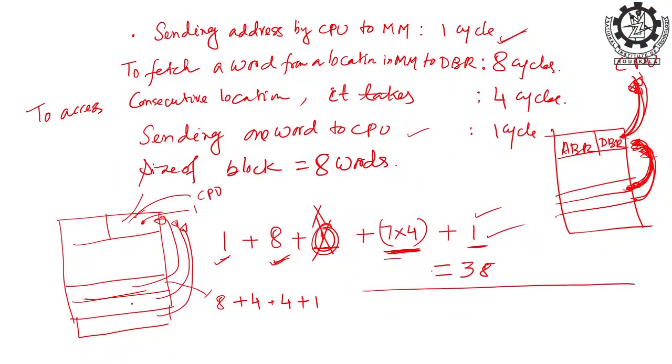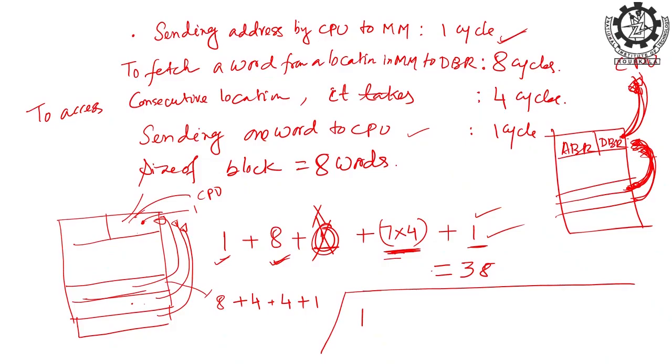Okay. So, now we come to the next problem, when we have interleaving. What time will it take in the interleaving situation? What is interleaving? All memory modules will work simultaneously. So, first the address will be transferred.